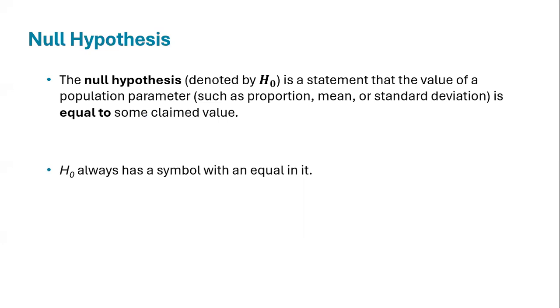The notation that we use for the null and alternative hypotheses is the notation for the population, like population proportion, which we show by P, or if it's a population mean, we show by mu. If it's a population standard deviation, we show by sigma, or if it's a variance, it is sigma squared.